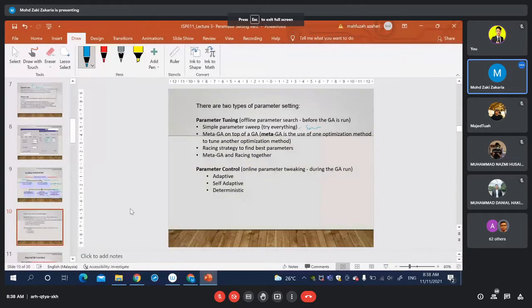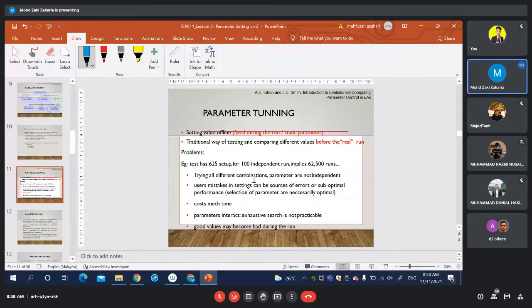And then parameter control, three types: adaptive, self-adaptive, and deterministic. For example, I think I no need to explain because we just discussed it. Go through the slide. This is parameter tuning.